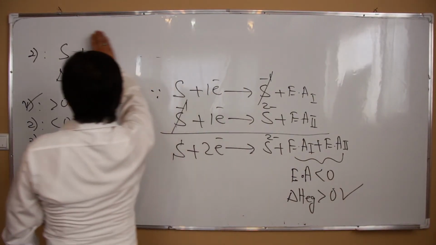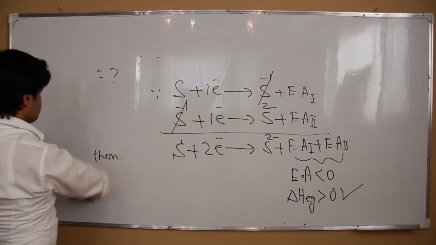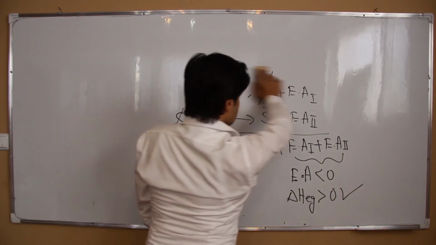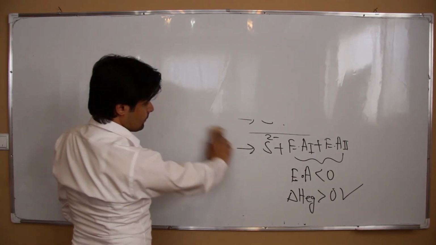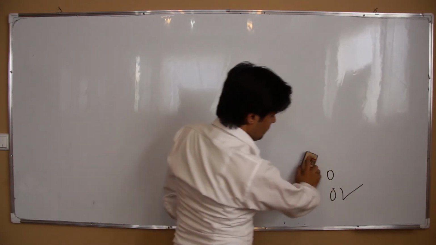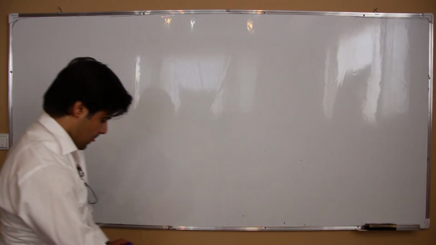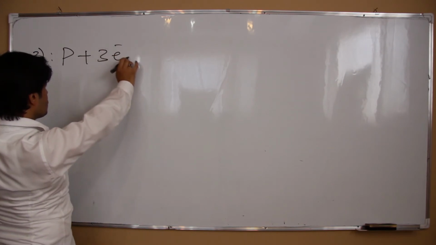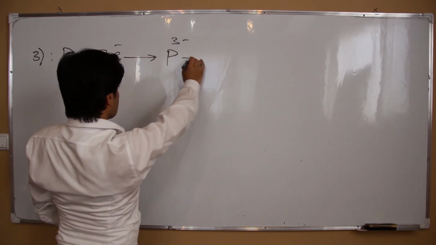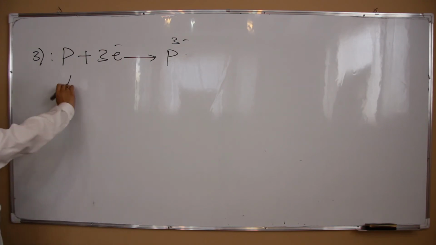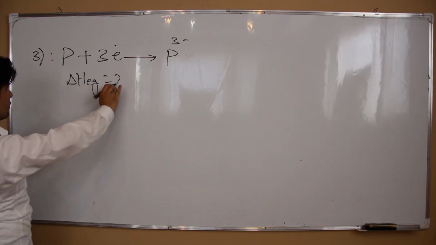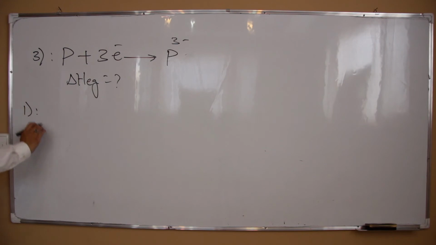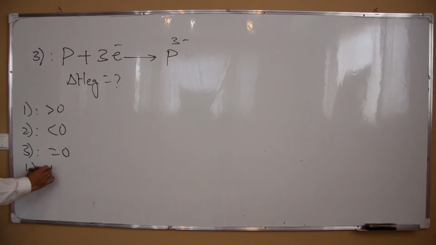Write it please. Have you finished? Yes. Come to number 3. It's very simple. For example, number 3, phosphorus plus 3 electrons, it would be P3 negative. And what is delta H, electron gain enthalpy? Number 1 greater than 0, number 2 smaller than 0, number 3 equal to 0, and number 4 none of them.